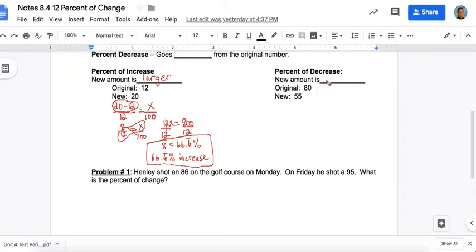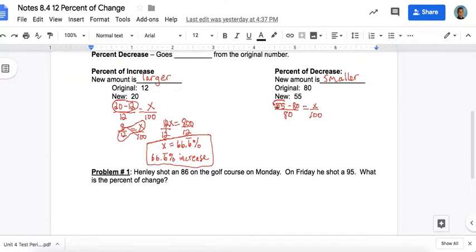The new amount is smaller, went from 80 to 55. So write smaller. And now we're going to do, once again, new minus original. So we're going to do 55 minus 80 divided by the original, which is 80, equals x over 100.